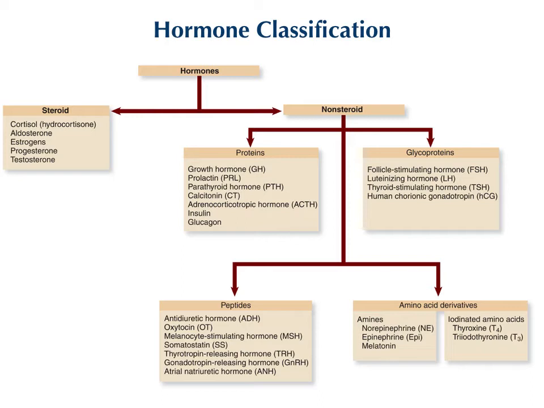We have these glycoprotein hormones that have a carbohydrate group attached to the proteins, and these are follicle stimulating hormone, luteinizing hormone, thyroid stimulating hormone, and human chorionic gonadotropin, HCG, which is what's measured in pregnancy tests. Okay, so you can look at all these.